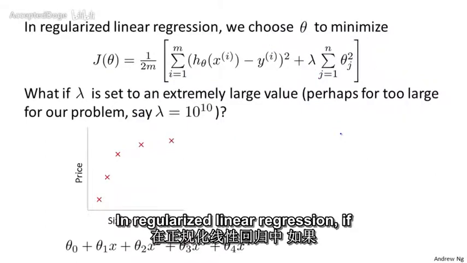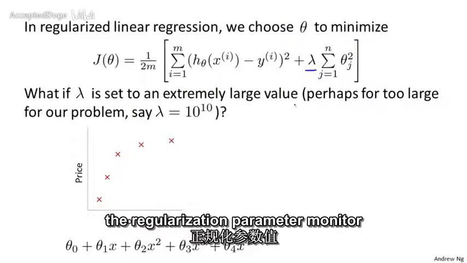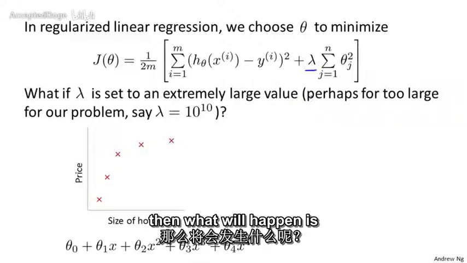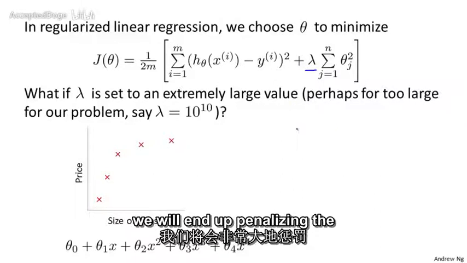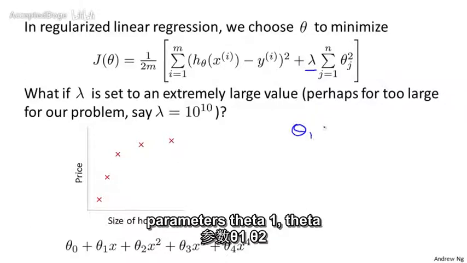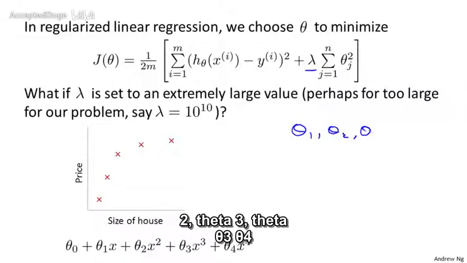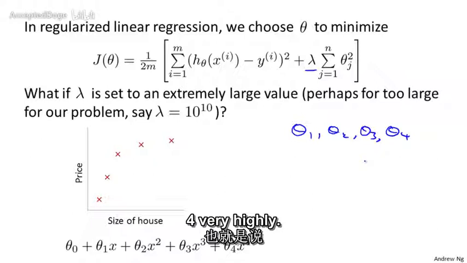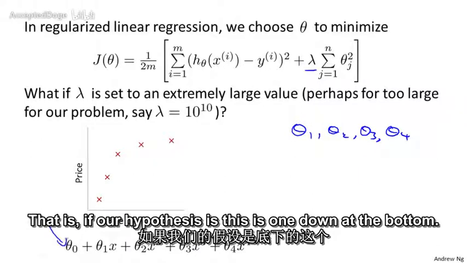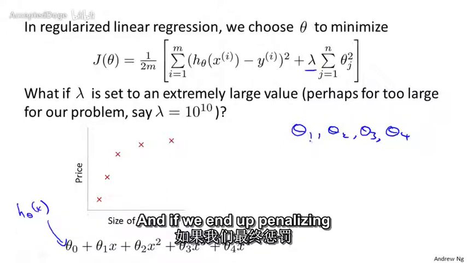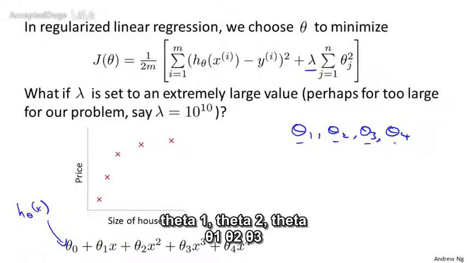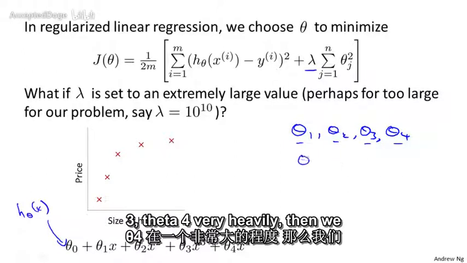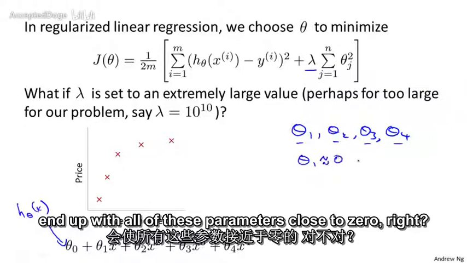In regularized linear regression, if the regularization parameter lambda is set to be very large, then we will end up penalizing the parameters theta 1, theta 2, theta 3, theta 4 very highly. That is, if our hypothesis is this one down at the bottom, and we penalize theta 1, theta 2, theta 3, theta 4 very heavily, then we'll end up with all of these parameters close to 0.